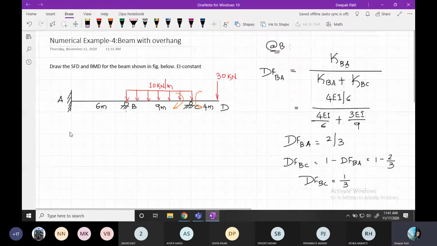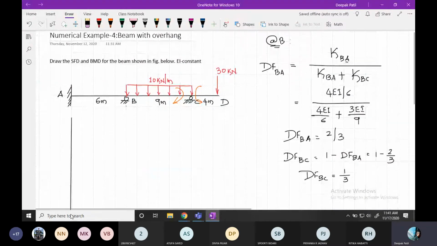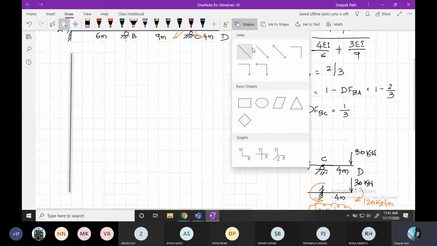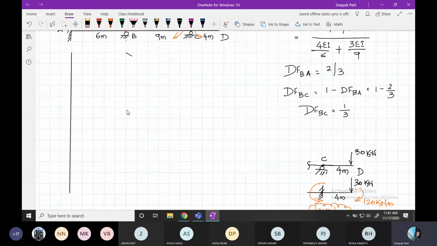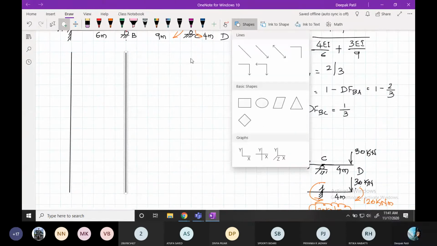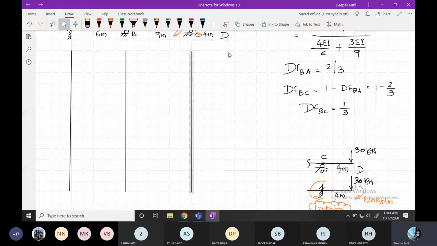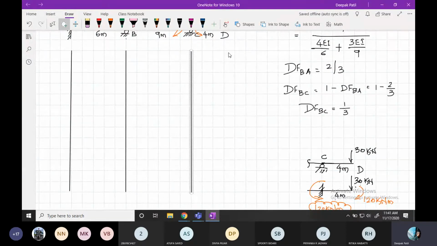You have to draw the vertical lines exactly below the supports. So this is below A. This one is below B. This one I will draw below C. I will not draw anything for D because now I'm neglecting that overhang portion, because I have found that fixed end moment already.